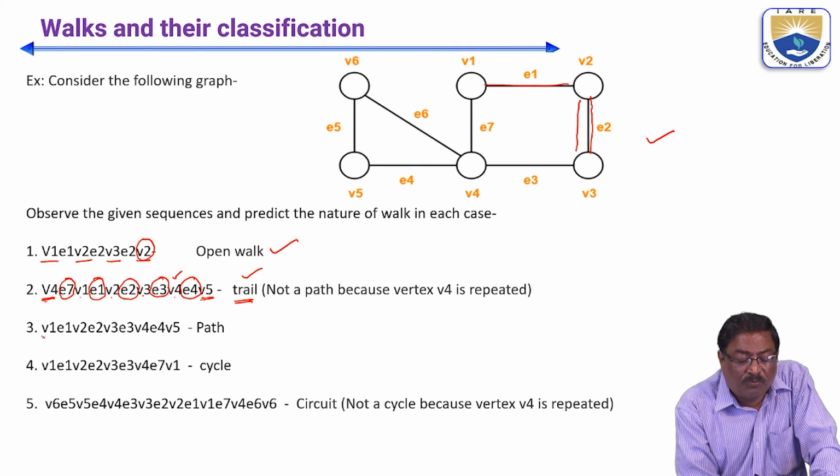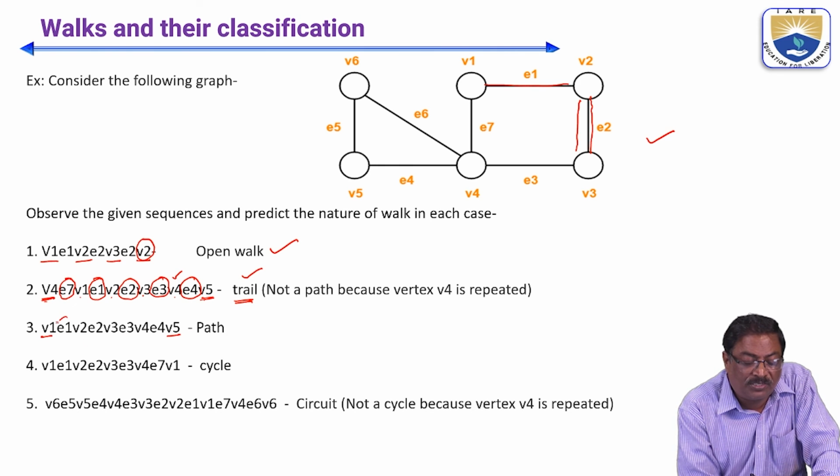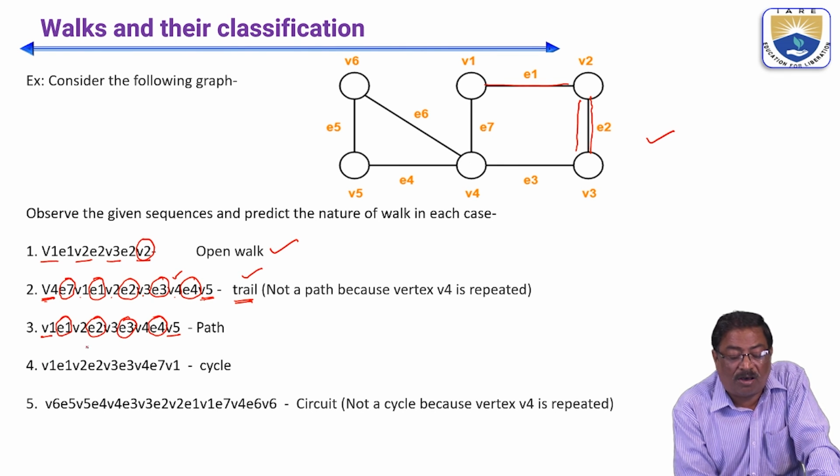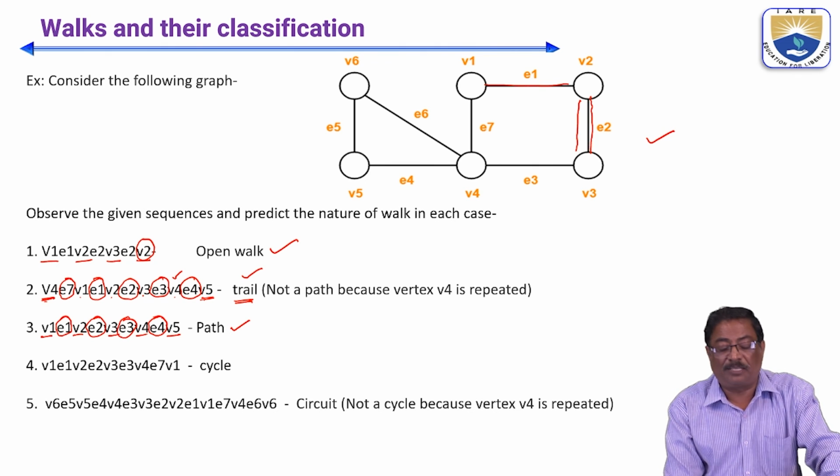Next here V1 and V5 are different, so it is an open walk in which we have E1, E2, E3, E4. That means all edges are distinct. No edge is repeated and vertices are not repeated. So this is an open walk in which vertices and edges are not repeated. So it is nothing but a path.